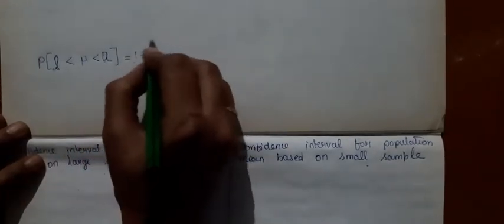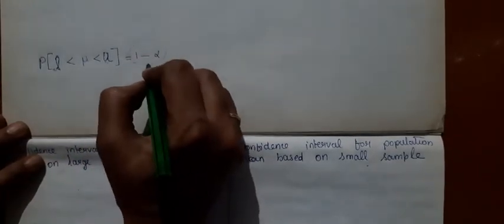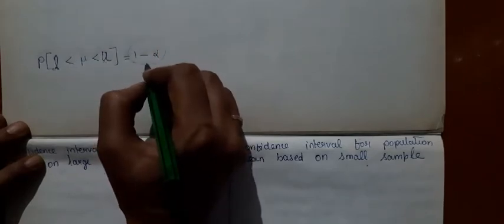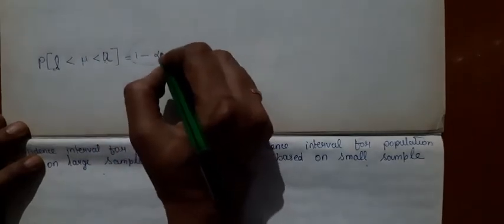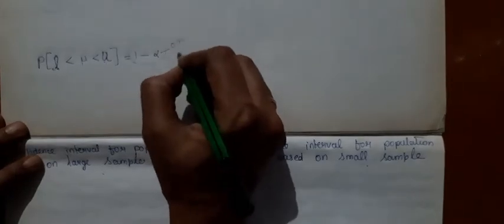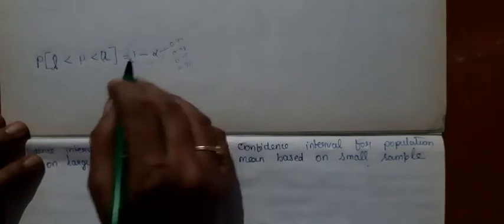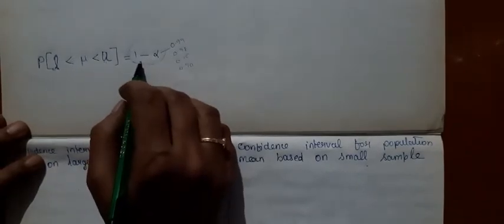That is, you must have this much level of confidence. For derivation purpose, you denote it as 1 minus alpha, and in real life it may be 0.99 or 0.98 or 0.75 or 0.90 depending on the problem under study.